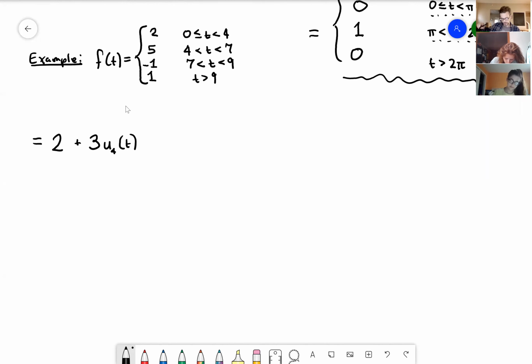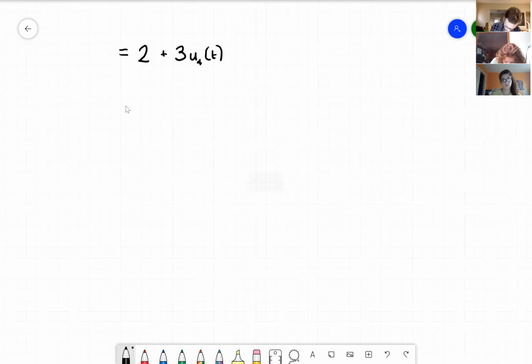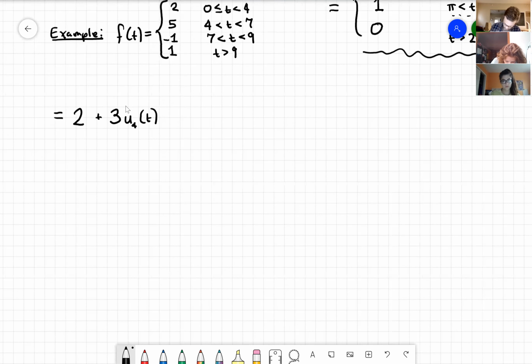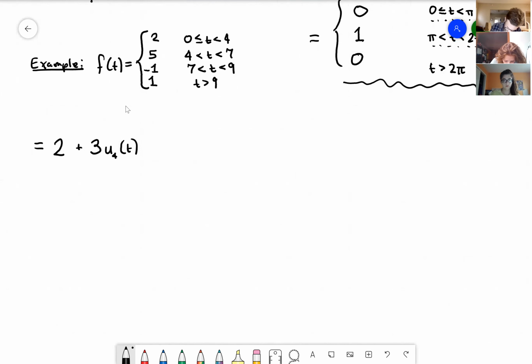So this will start me off at 2, and then when t is equal to 4, I'll jump up to 5. Now, when I get to 7, I want to drop down to -1. So if I'm at 5 right now and I want to go down to -1, I will go down by 6. This will be happening at t equal to 7. So I get -6 times u7 of t. And then finally, I'm going to go from -1 up to 1. So I'll be adding 2 to that.